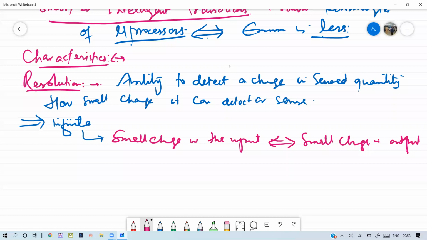So there is no distortion of the output when you measure some physical quantity by a sensor or a transducer. Whatever the smallest change is, it should be observed well in the output. So these can be measured during the measurements. It can be infinite, but sometimes it cannot be because there are some errors. The resolution is then limited by that error.